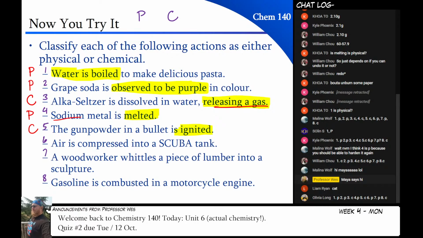For number 6, we got air in a scuba tank. How did it get there? Well, we just pushed it in there, right? Now, if we put air into a scuba tank at the same pressure as it was out here, how long do you think it would take for you to go through the air in a scuba tank? Probably about a minute, right?